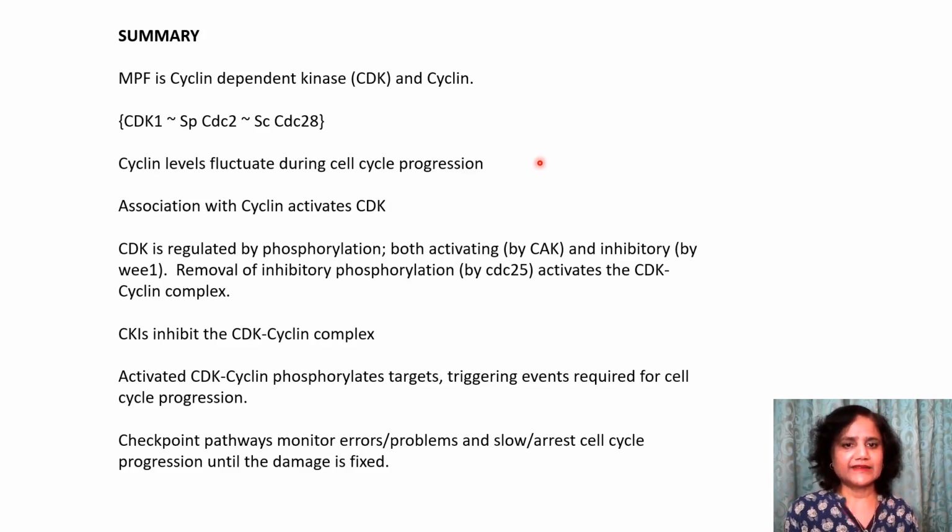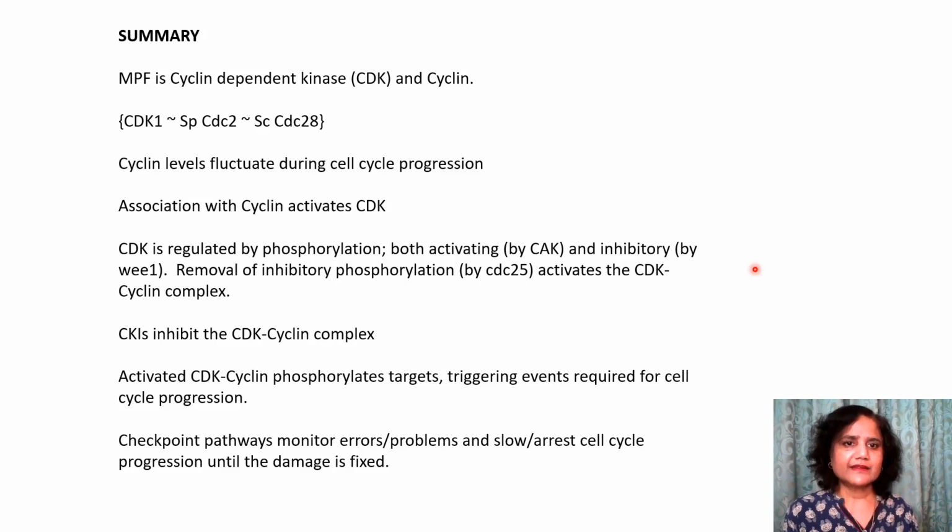CDK is regulated by phosphorylation. Both activating and inhibitory phosphorylation can occur, and removal of the inhibitory phosphorylation by CDC25 activates the CDK cyclin complex. There is a class of proteins termed the CKIs, the cyclin-dependent kinase inhibitors, that inhibit the activity of the CDK cyclin complex.